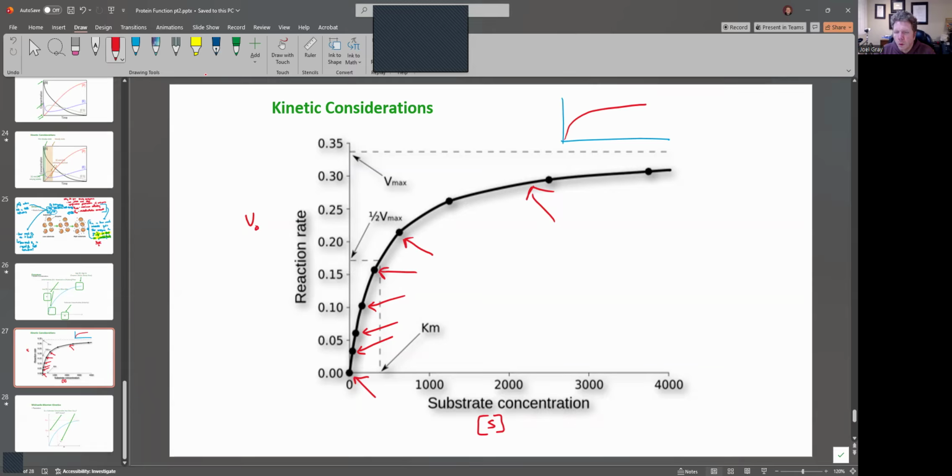Lots of people struggle with this, and I was guilty of it too. I looked at this graph and said, aha, that's where my enzyme starts, and then it just gets faster and faster, neglecting that each one of these dots corresponds to a data point. So anytime you see a graph like this, remember that what you're seeing is the line of best fit.